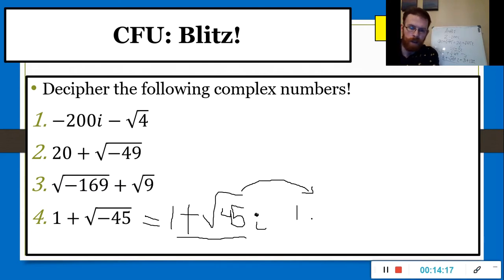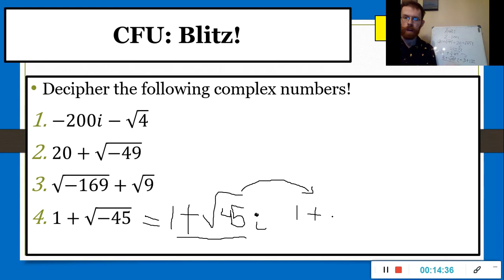So the 1 in front does not change. But let's break down 45 into a perfect square. Well, what divides 45 but is a perfect square? You know your perfect squares are 1, 4, 9, 16, 25, 36, and so on.